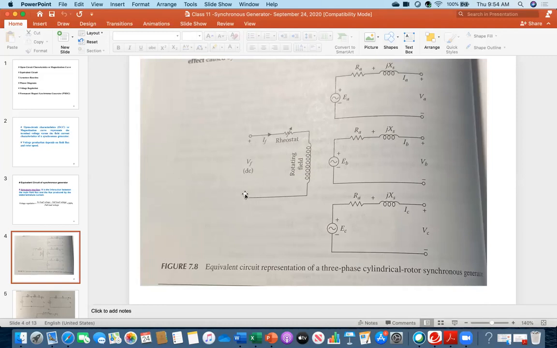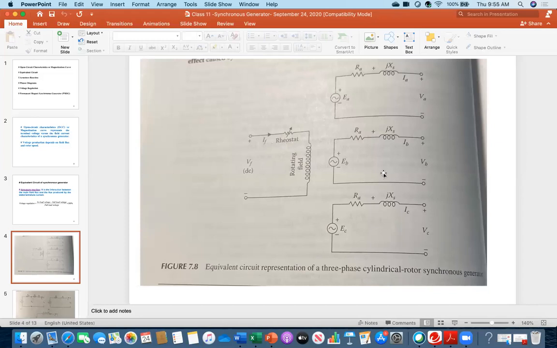You apply the DC voltage, so field current goes to the magnetic field. You can vary the resistance to control the field current. So the left side is the equivalent circuit of the rotor: just a coil and in series a variable resistor, which is called the rheostat.